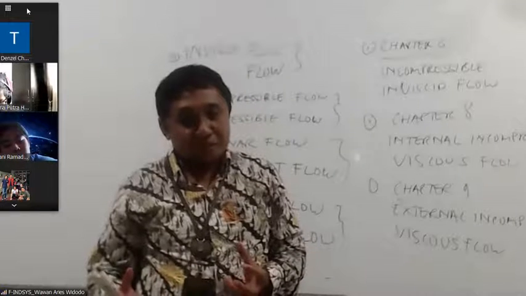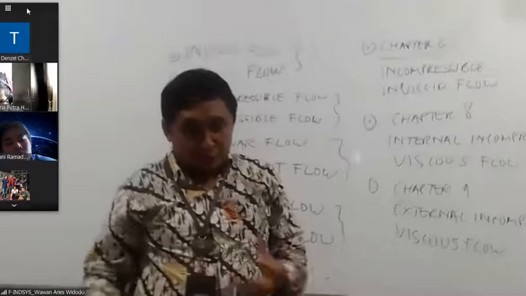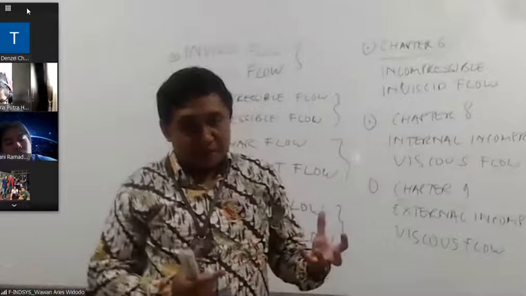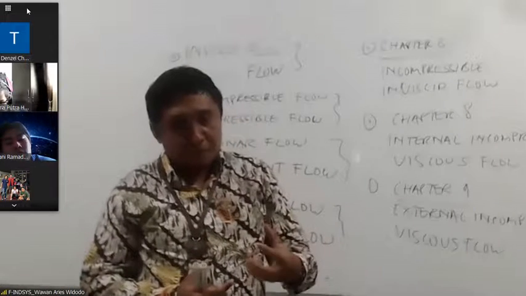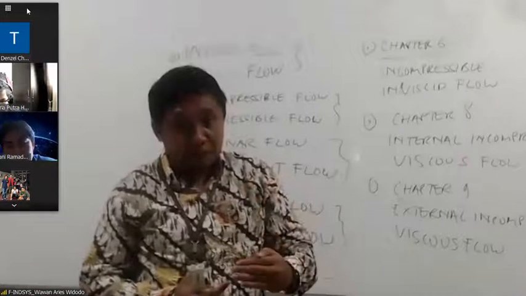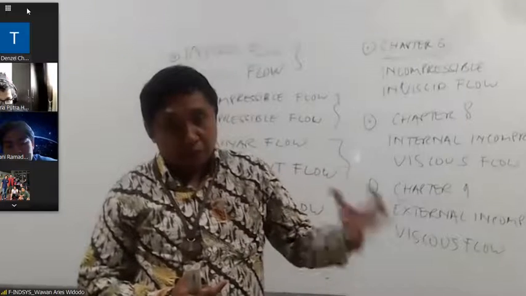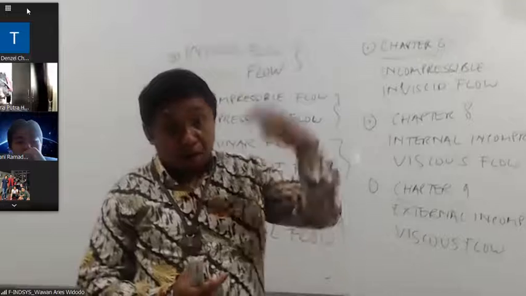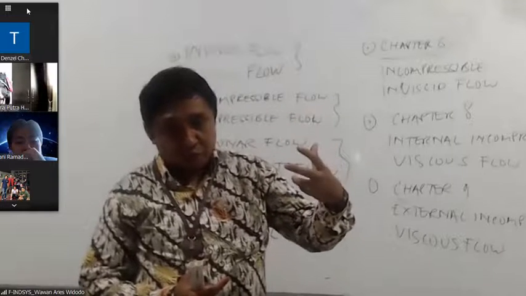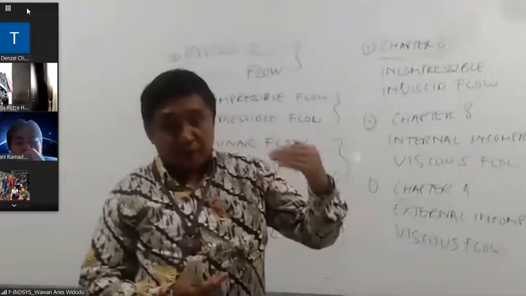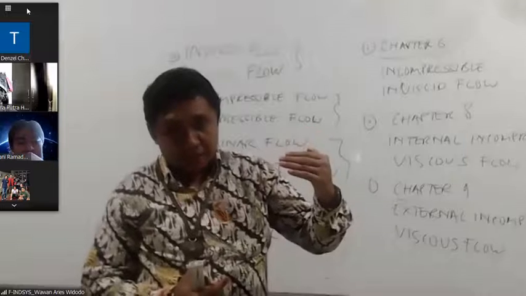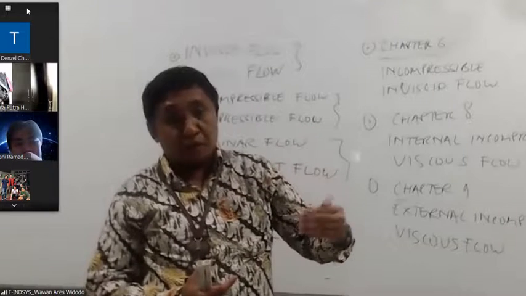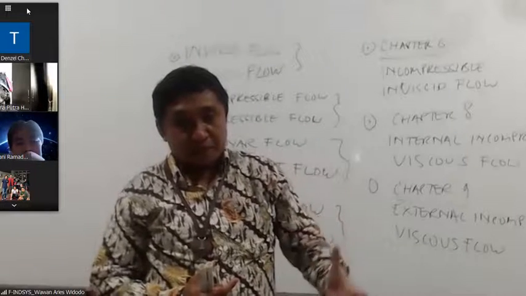If it is less than 100 meters per second, this flow is incompressible. If the Mach number is more than 0.3 or the velocity is more than 100 meters per second, this is compressible flow. Okay, that's clear.